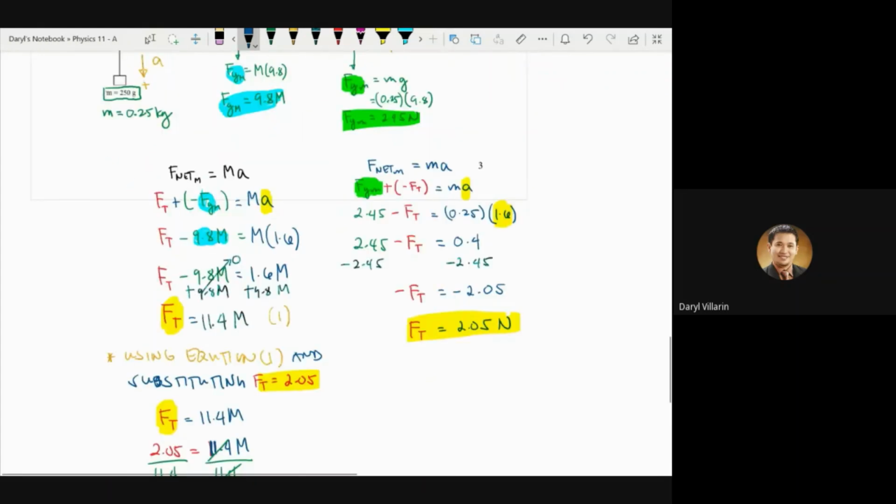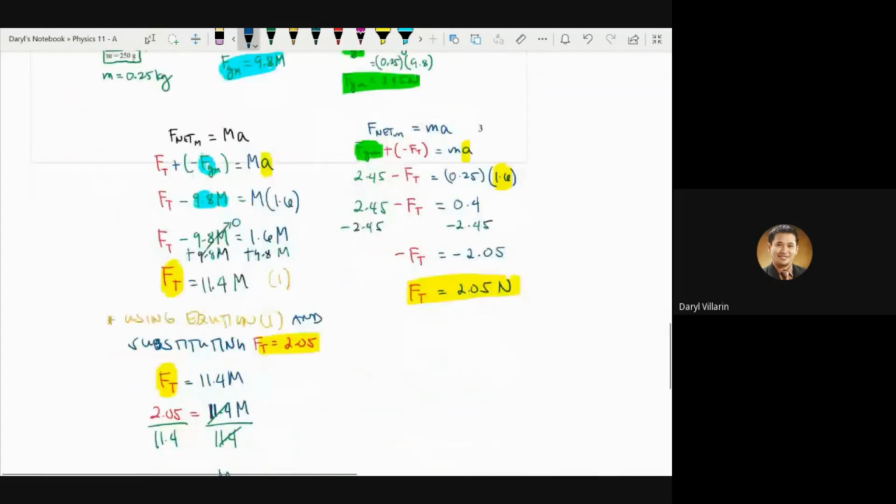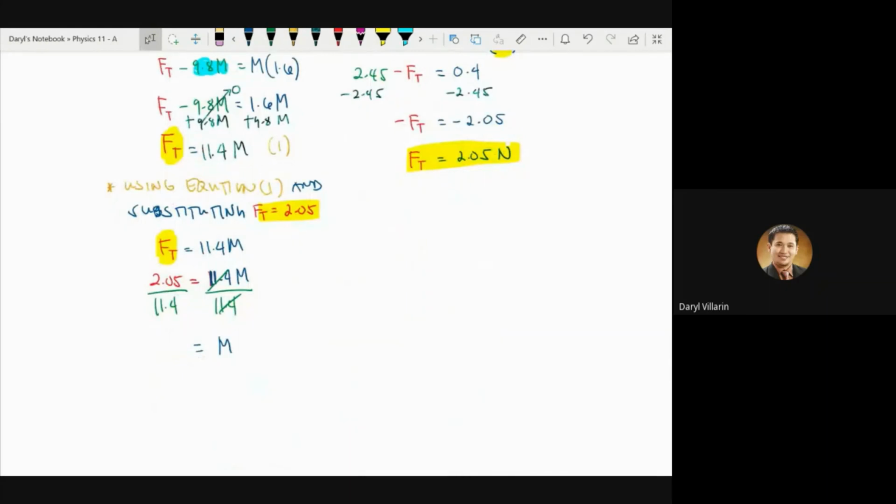The sig figs given are 2 and 2, so this should be around 0.18 kilogram.